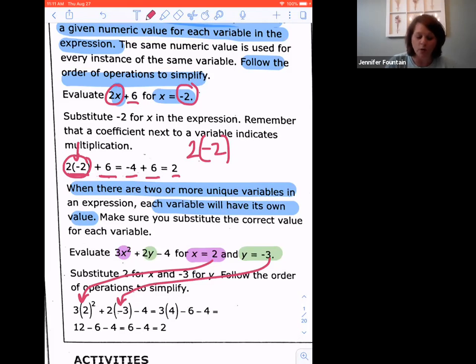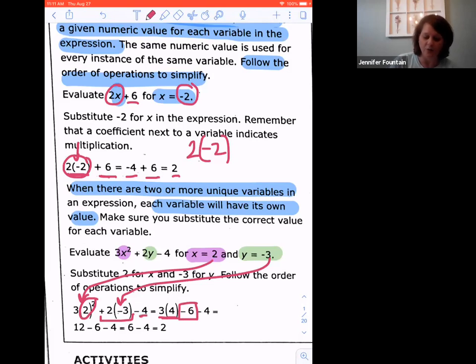So now I'm going to use my order of operations to solve. I have 3 times 4 because 2 squared is 4. Then I have multiplication right here where I have a +2 times a -3. +2 times -3 is -6.